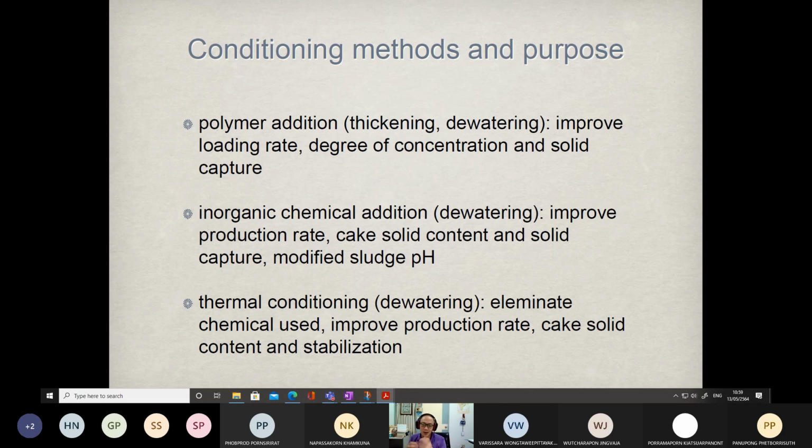But anyway, this may produce wastewater. Just imagine the oil or proteins bound, once they break down, where will they go? They will of course get into the water. Then once we separate the sludge, we have to treat that wastewater anyway.